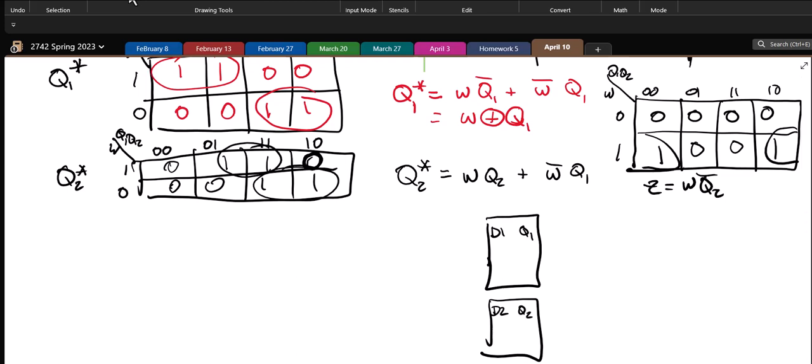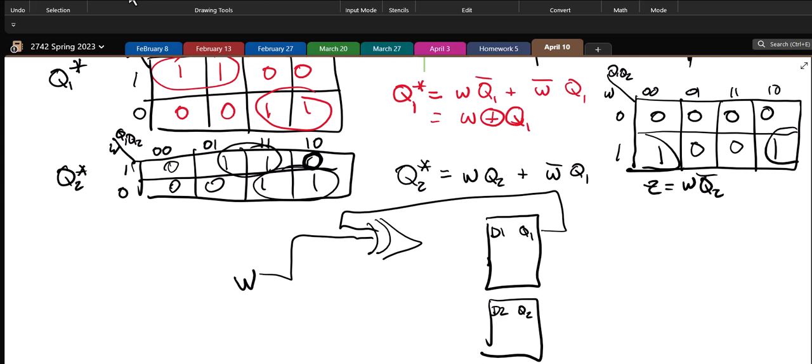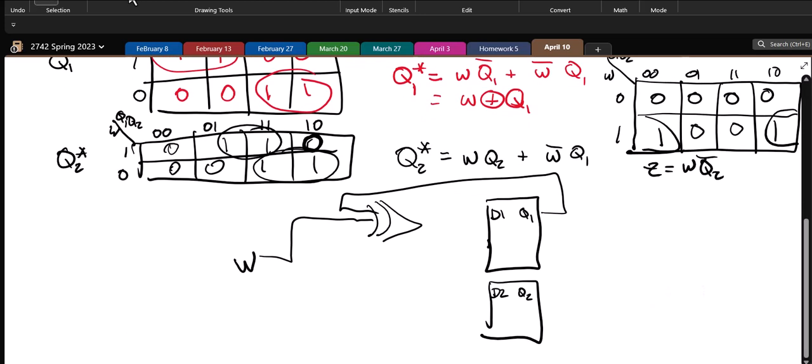We have 1 input, that's W. Q1 star is W exclusive OR Q1. So I'll have an exclusive OR gate, and it's W exclusive OR Q1. I do have a clock.